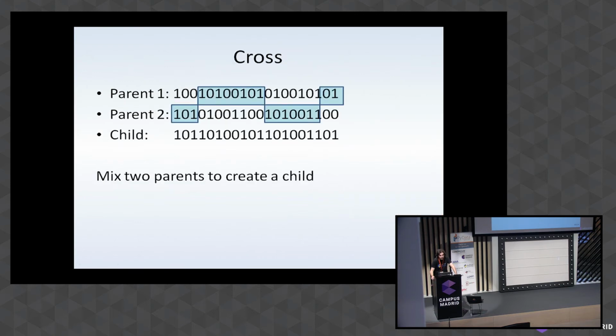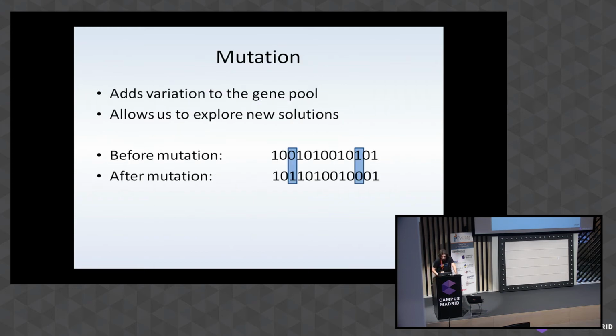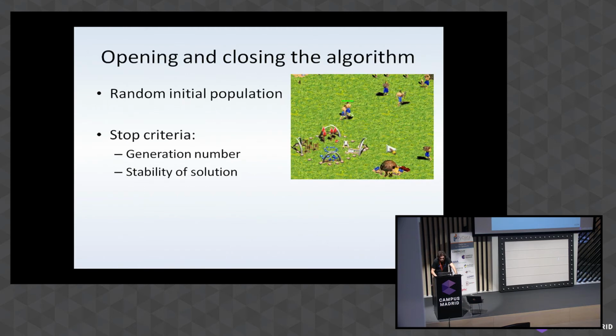First, with crossover, we will mix the DNA of two parents in order to get a child. And then the mutation will change small bits of the child in order to get new individuals which are not exactly like their parents. So we will explore new areas of the solution space of our problem.